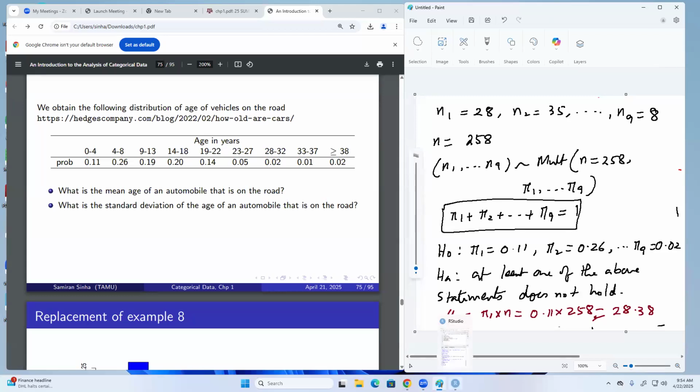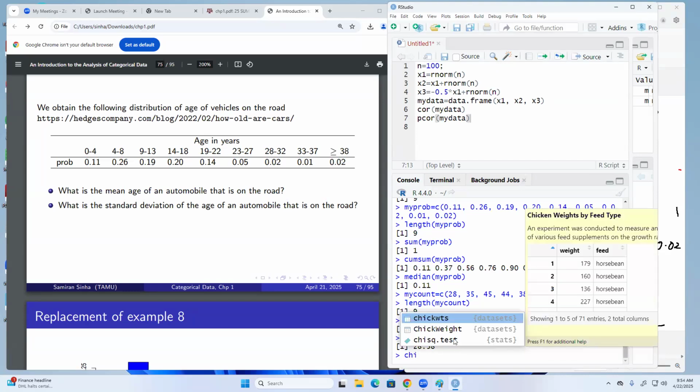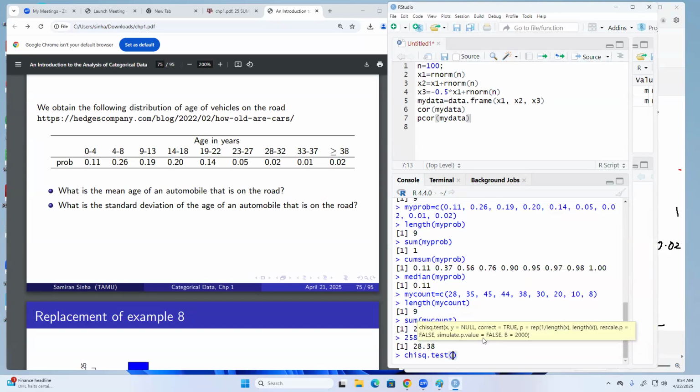Now, let us calculate the Pearson chi-square test statistic. For that, we'll use chisq.test. Your observed data is my count. Write it as x equal to my count, and probability p will be equal to my probability.